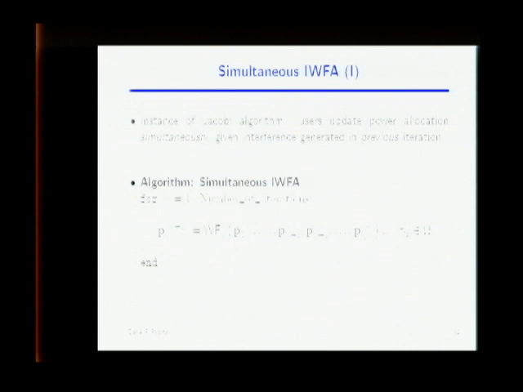Let me try to understand this waterfilling operator a little bit. For a particular user, what does that user need to know about everybody else? The only thing the user needs to know is the global interference: the sum over all the users of the power of each user times the channel gain.